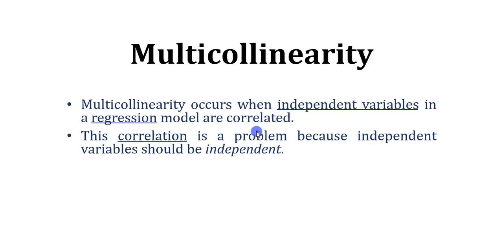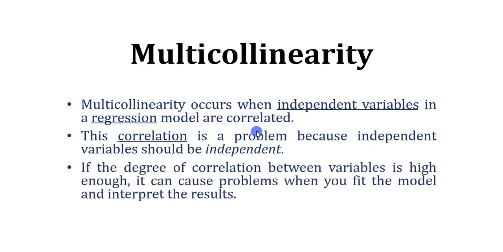If there is any correlation, it creates a problem, and that problem is known as multicollinearity. If the relationship between independent variables is high, it causes problems, and especially it distorts the model results, and it will give us false and biased results. So it is very important to detect and remove multicollinearity from the model.